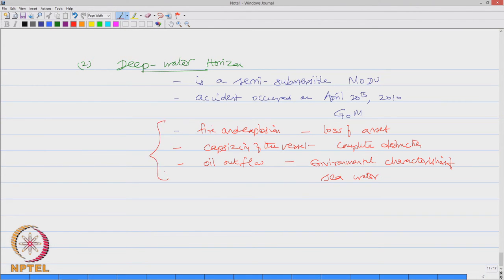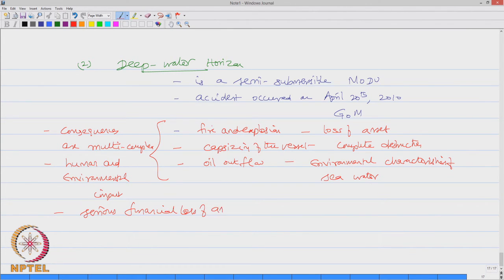So, here also once again the consequences are multi-complex. It has both human and environmental impact. It also resulted in a very serious financial loss of asset.